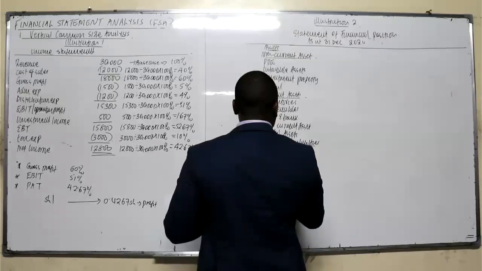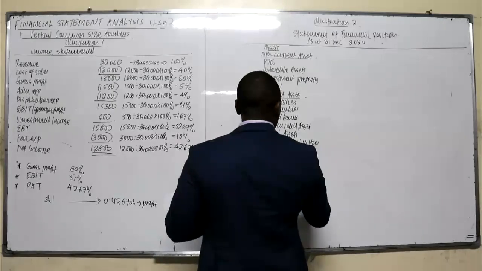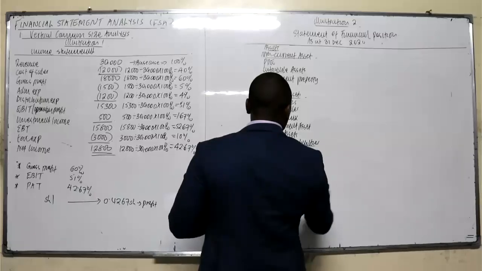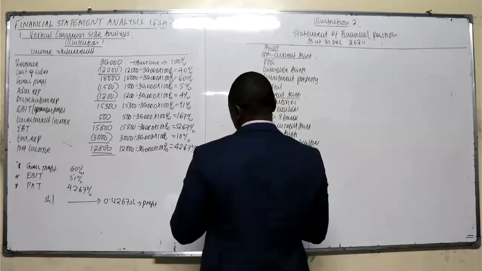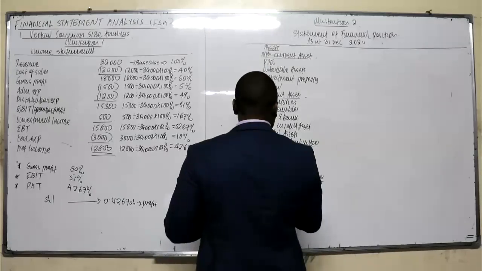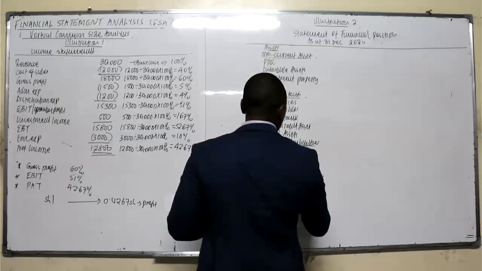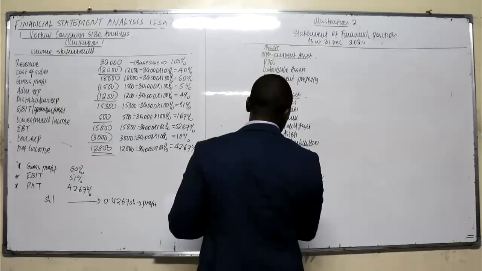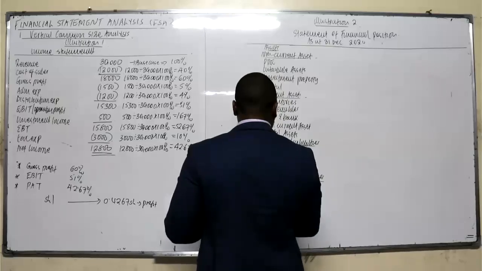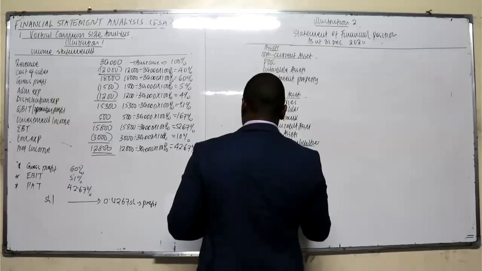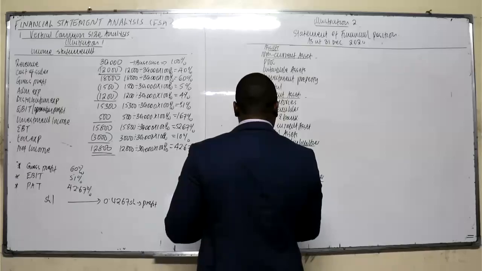Then we have the non-current liabilities: 10% debentures. Then we have the current liabilities: the trade payables, then the bank OD.